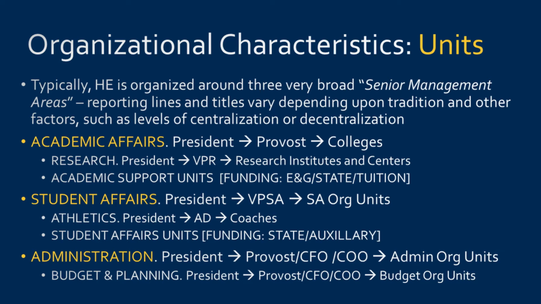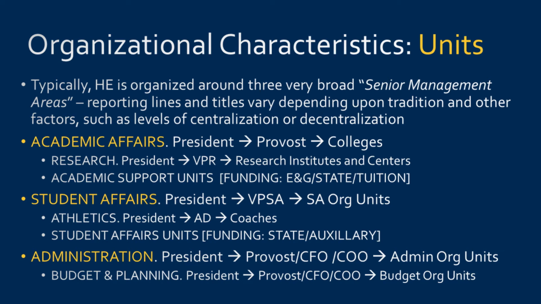And then the third area for this broad senior management presentation on this slide is administration. This is kind of what I call the back office, business office area. So the president, the provost, or the chief financial officer, perhaps the chief operating officer, and then all of the many organizational units that are organized around the administrative services of the institution.